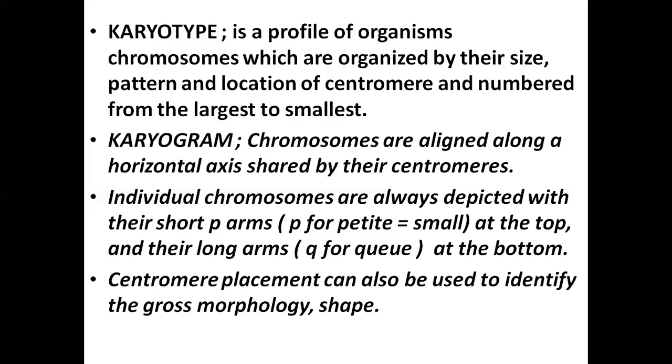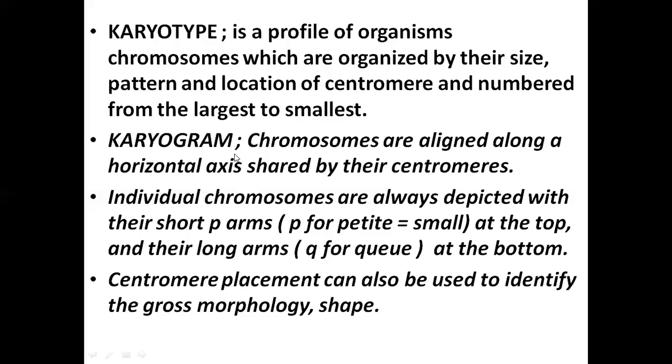According to international conventions, human autosomes are numbered from 1 to 22 in decreasing order by size, with the exception of chromosomes 21 and 22, which are the smallest autosomes. The sex chromosomes are generally placed at the end of what is called a karyogram.